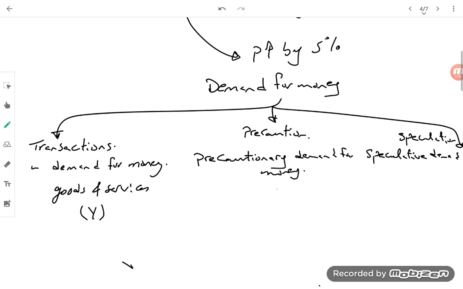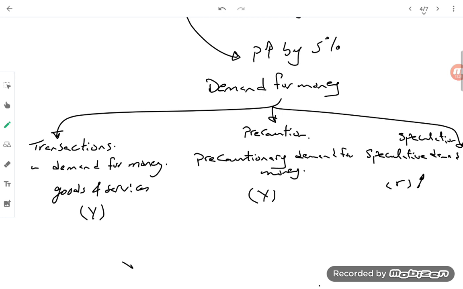Also, precautionary demand for money is highly related to income, while speculative demand for money is affected by interest rates, real interest rates. This means that if interest rates increase, people would like to buy bonds over holding cash. So buying bonds will be much more preferred to cash.